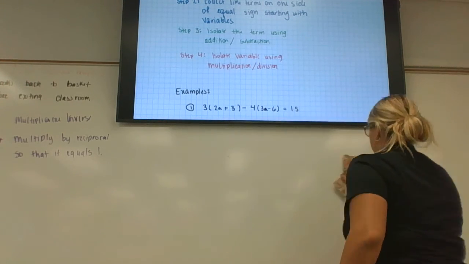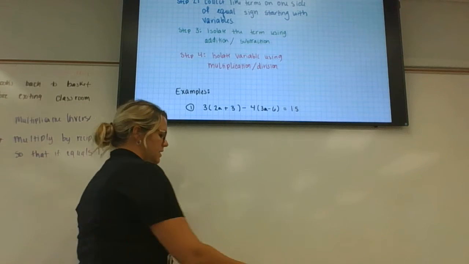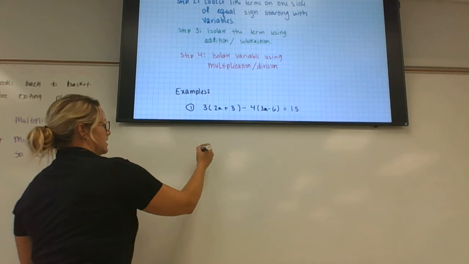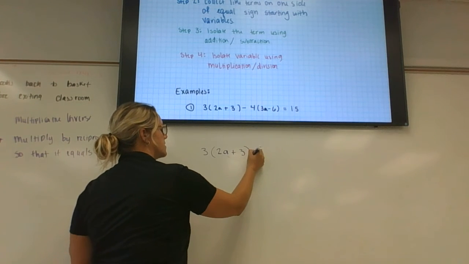So looking at this equation, there's a lot to do to simplify that left side. Step 1 is to simplify the left and right side completely. So we are going to simplify the left side using the distributive property first.